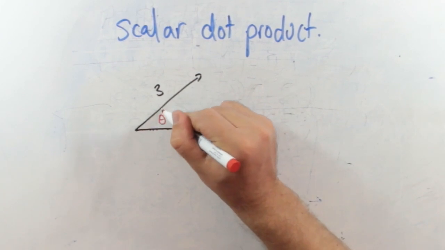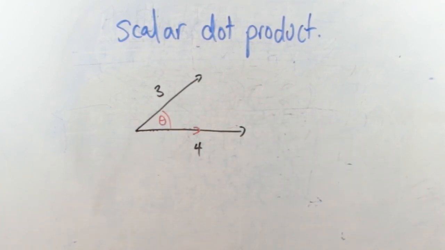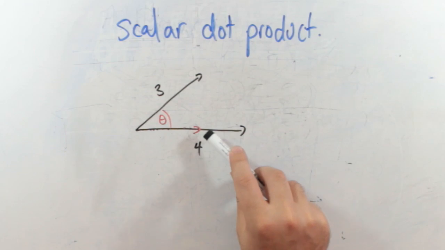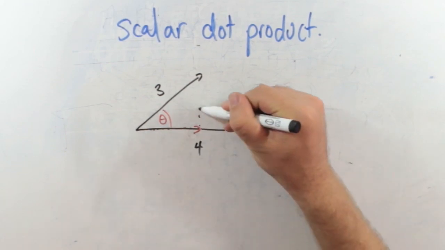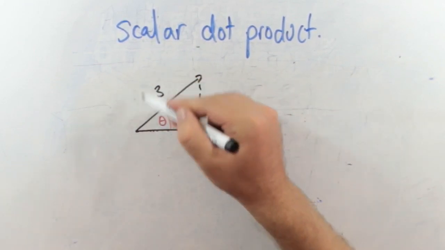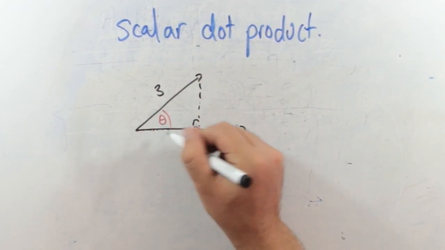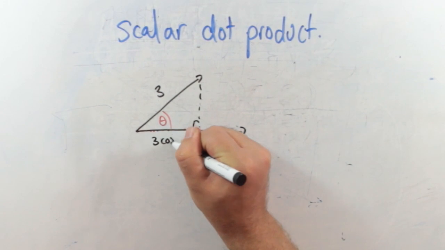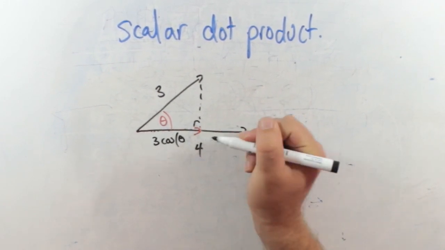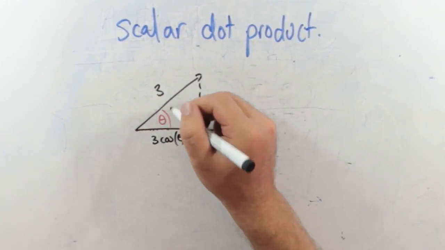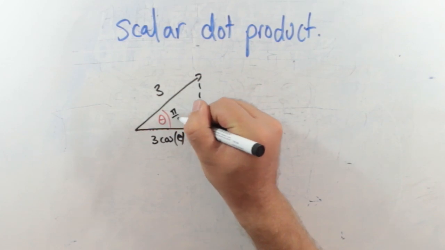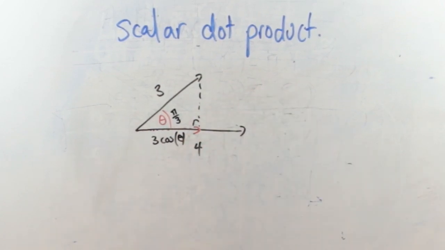If we knew the angle in there, we could say, if we made this a triangle, we've got the hypotenuse and we want the adjacent side. So the length of this one is 3 cos theta. Let's give theta as pi on 3.